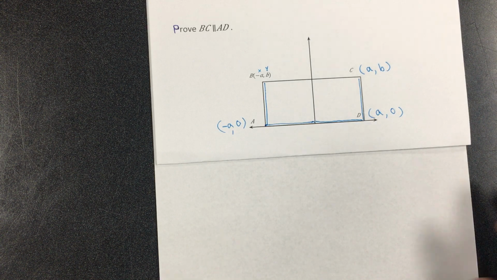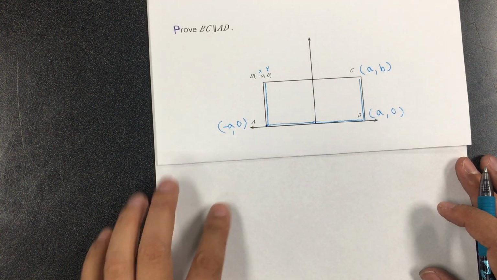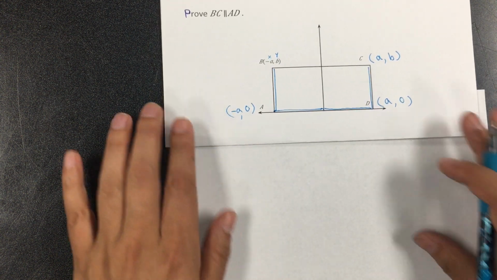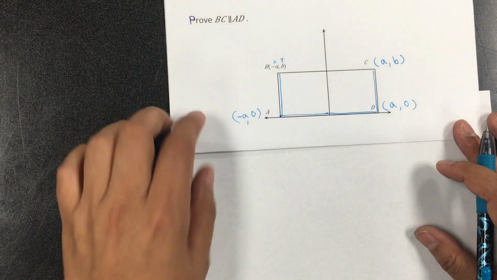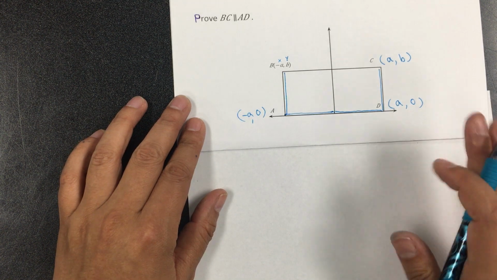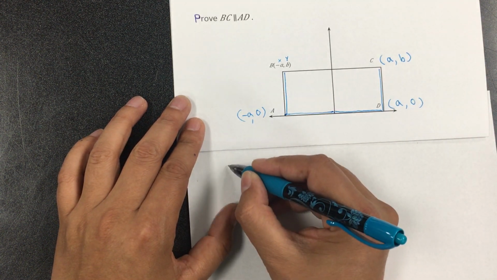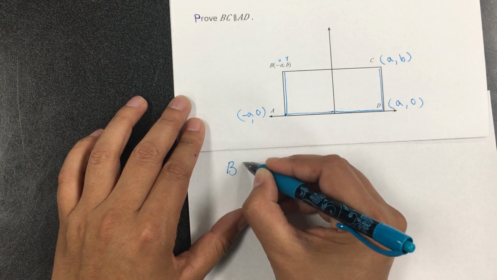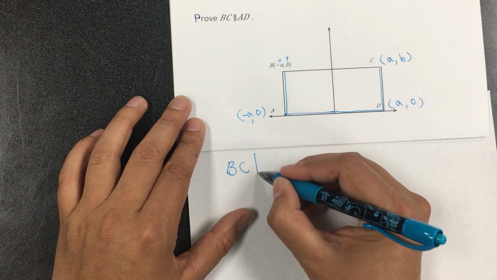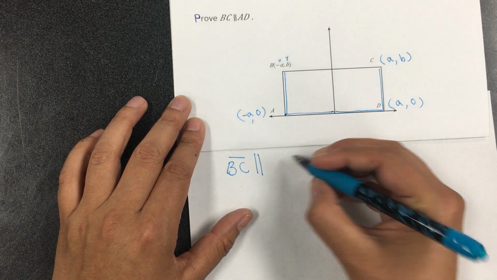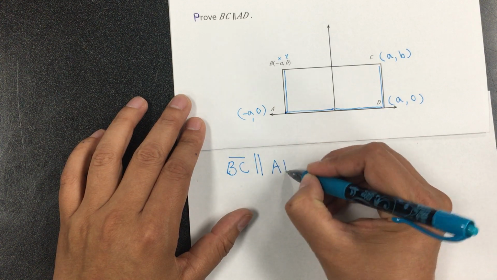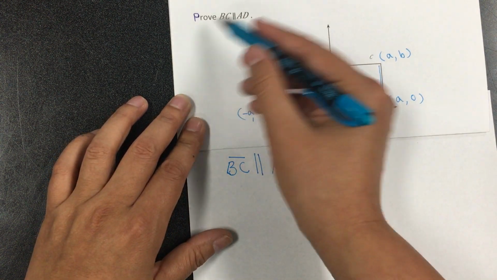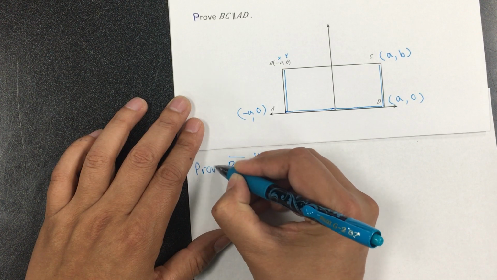Now that we have the coordinates, we're gonna start working with this right here. It says BC is parallel to AD, and so that I can go a little up, I'm gonna write that down again. So line segment BC is parallel to AD, and we're proving this, okay? We have to prove that.